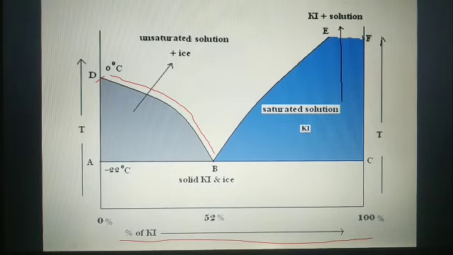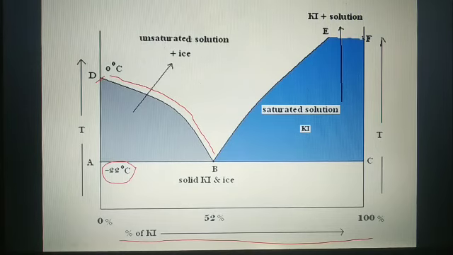It decreases up to the point B, and that decrease is up to minus 22 degrees Celsius. That is the cryoscopic point where we are having the minimum melting point for the water, or we are able to decrease the melting point of the water by the addition of the potassium iodide. So this enables us to form freezing mixtures.